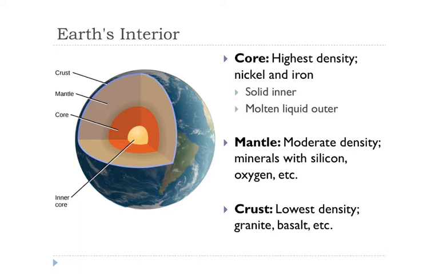So you're going to have nickel and iron, kind of a molten liquid, in the core. Then we have the mantle, which is going to be minerals, oxygen, etc. And then the crust on the outer layer, which is low density, kind of granite. Also on the outer layer you have the lithosphere, which contains the crust and part of the mantle as well. But again, this is a very simplified model of what we know of the interior of the Earth.